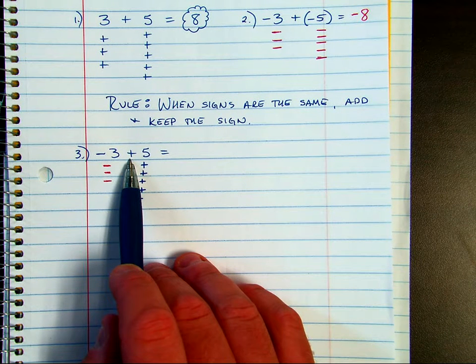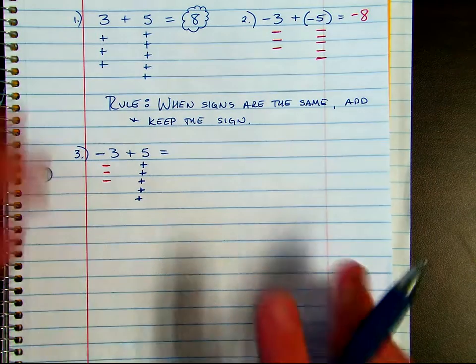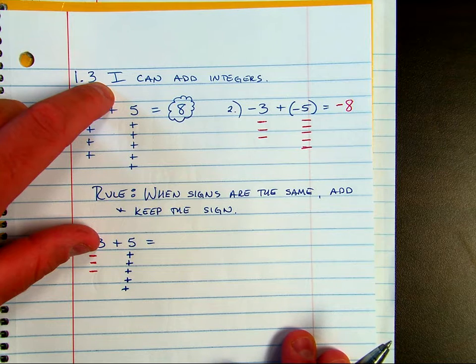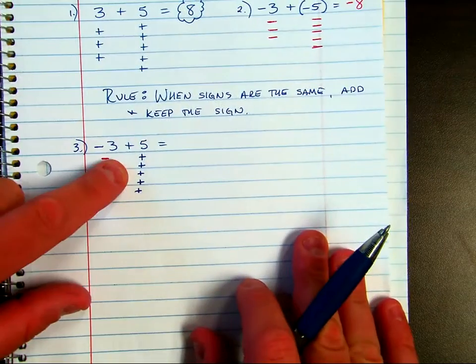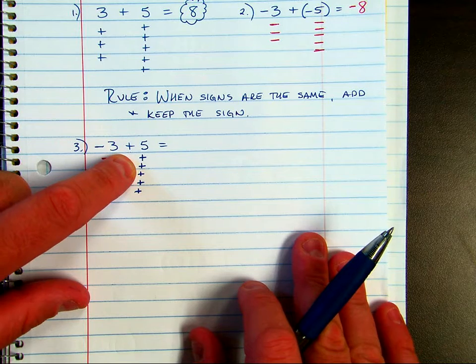But now everything's going to change. Even though this is an addition problem, even though our I can statement is I can add integers, there are going to be situations where we are going to be subtracting. This is an addition problem. It has an addition sign. However, to find the answer, we will be subtracting.